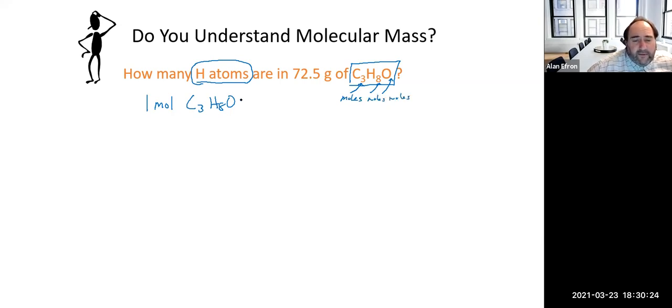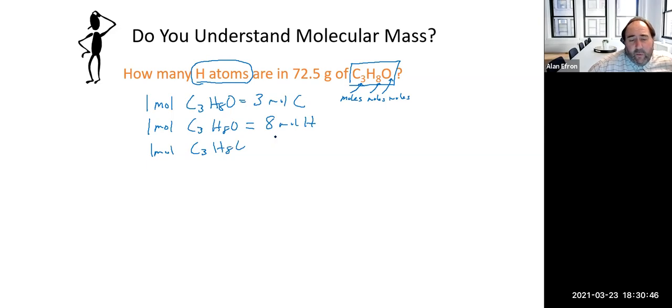So we could almost do a sort of a mole to mole relationship. For 1 mole of the whole thing, it gives us 3 moles of carbon. For 1 mole of the whole thing, it gives us 8 moles of just hydrogen. And for 1 mole of the whole thing, it gives us 1 mole of oxygen.